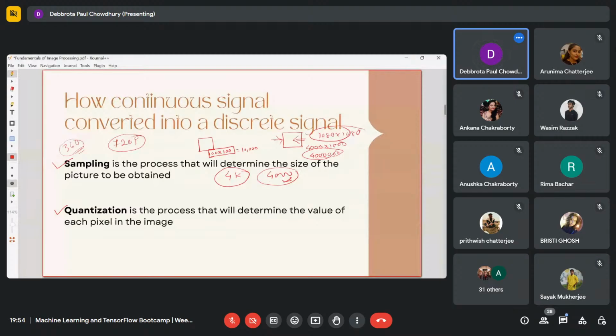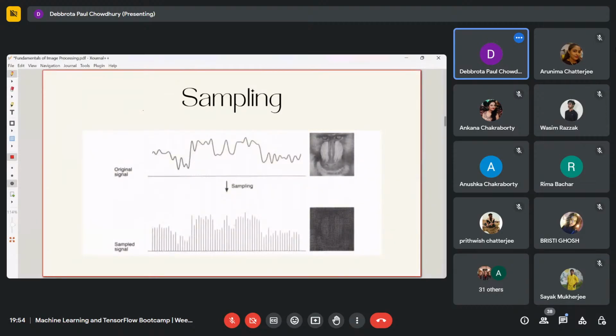Okay, now we'll come to quantization. Just let me tell you about sampling first, then we'll come back to quantization. So this is your original image. When we see this image, we actually process this signal.